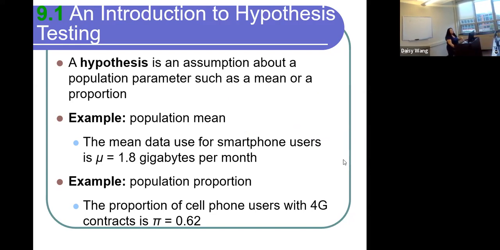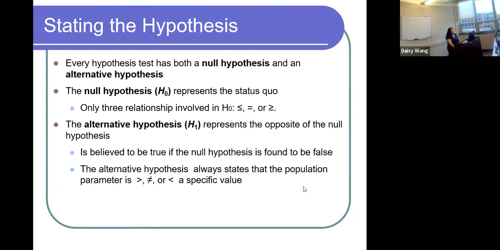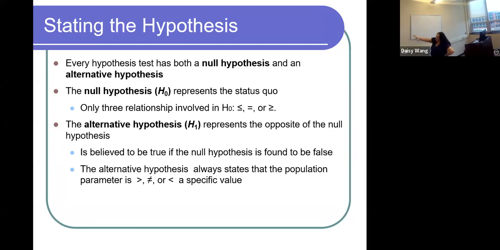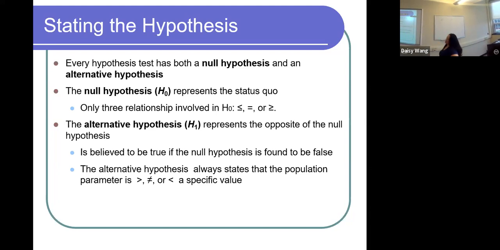Whatever we want to support would be on the alternative. The null hypothesis is some status quo. Either the null hypothesis is less than or equal to something, or equal to something, or greater than or equal. Okay? And then the alternative hypothesis is the opposite of the null.